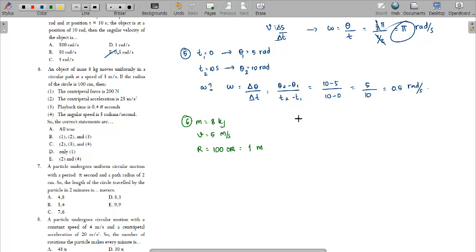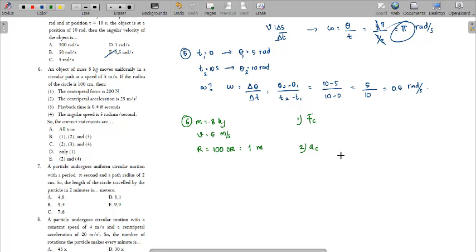Then 1, centripetal force. Okay, check centripetal force. And number 2 is centripetal acceleration. Okay, this one first, about centripetal. What is centripetal actually?